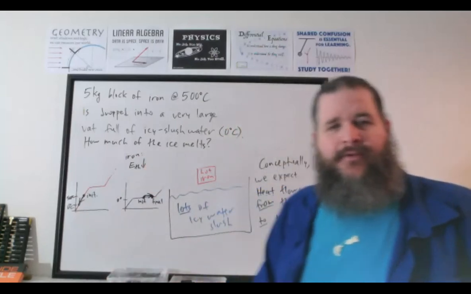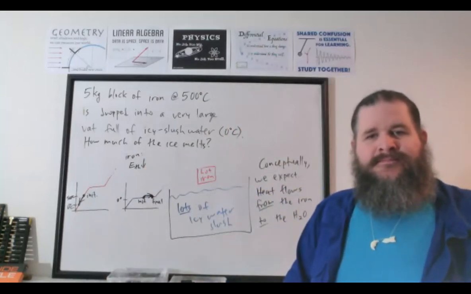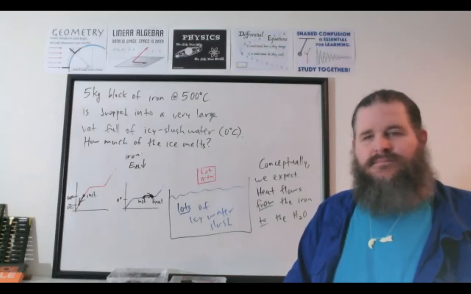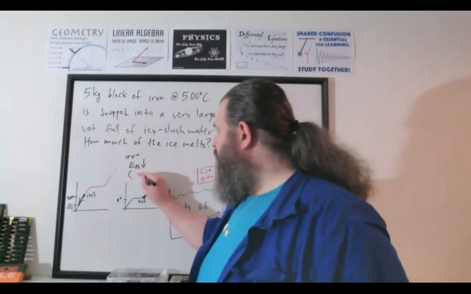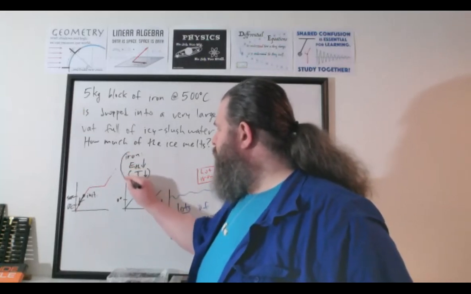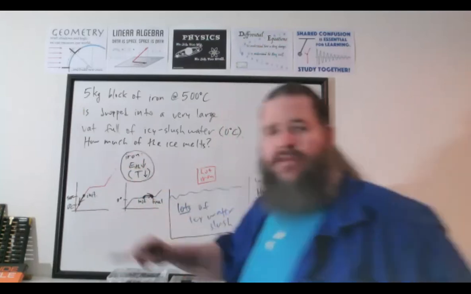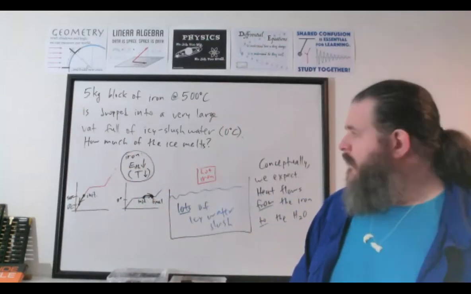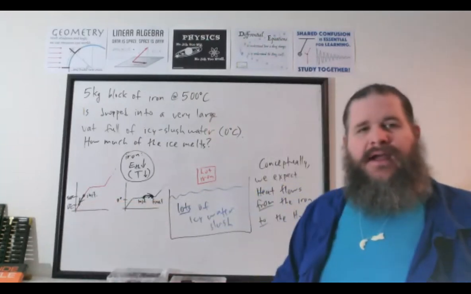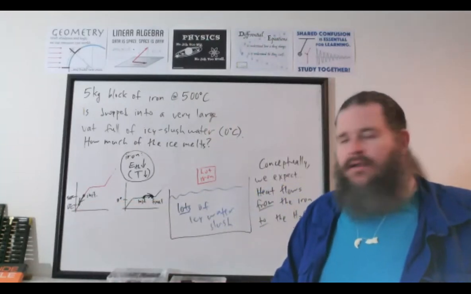What's the indicator for thermal energy? Yeah, the temperature of the iron is decreasing. So that's one of the types of energy that's changing here. It looks like that's the only energy changing for the iron. The iron is losing thermal energy and that's it.